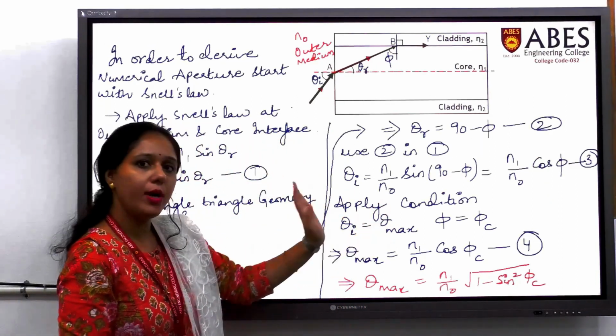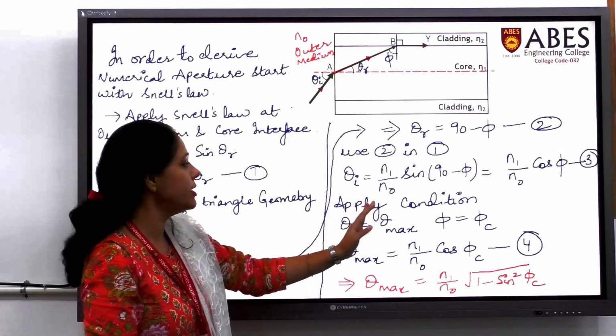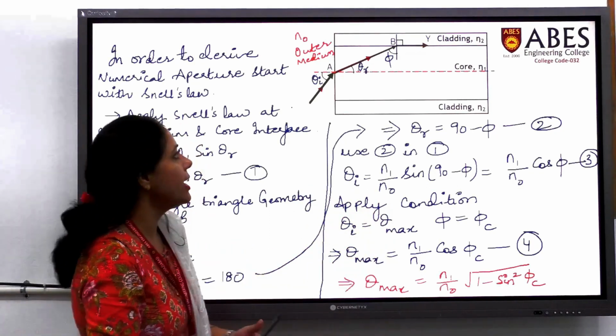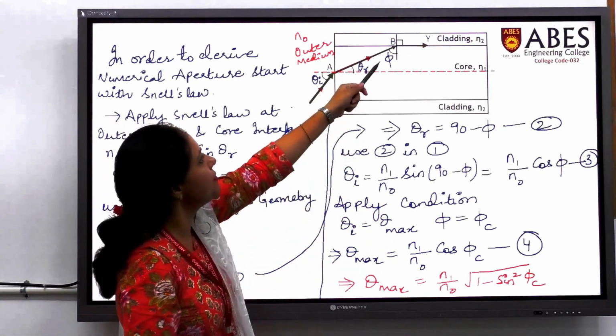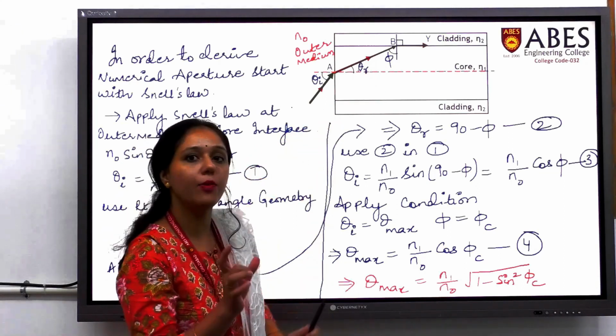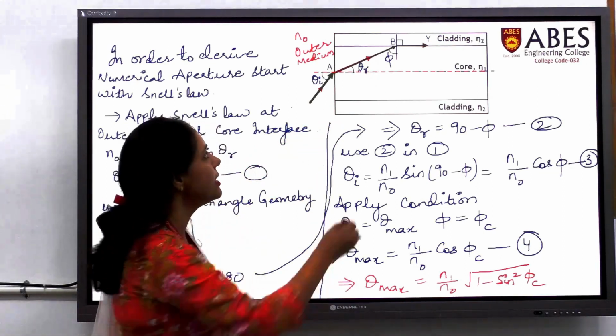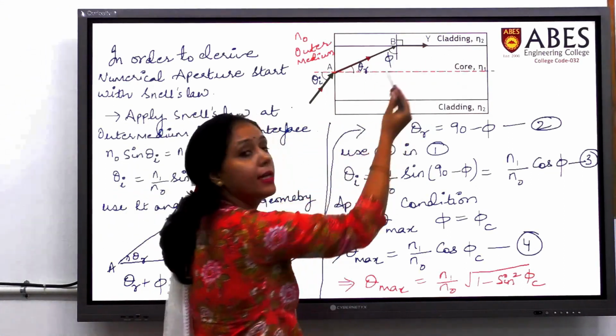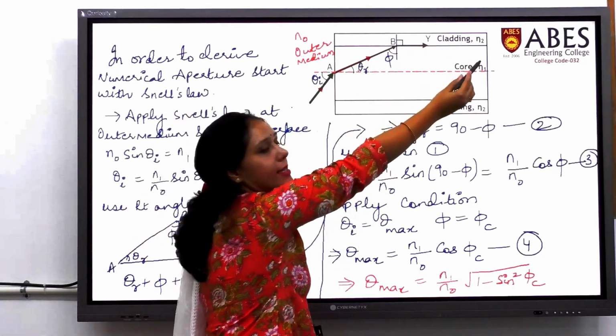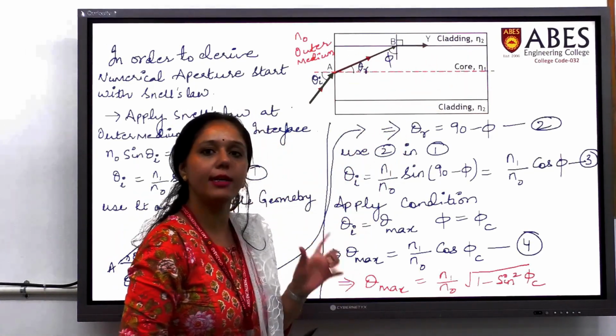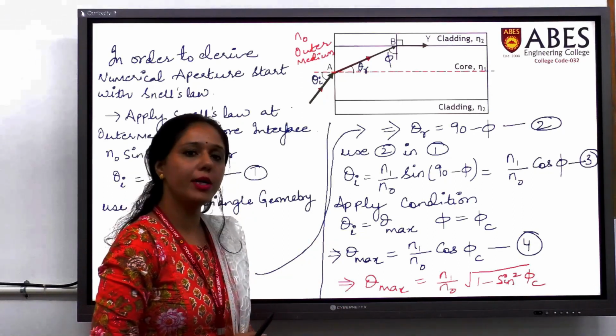Applying the condition. What is this condition? This is a boundary condition, the starting condition of TIR. As I already explained, if this phi is equal to the critical angle, in that case this ray will go along the axis of the optical fiber. So this is the critical boundary condition which we are going to apply.